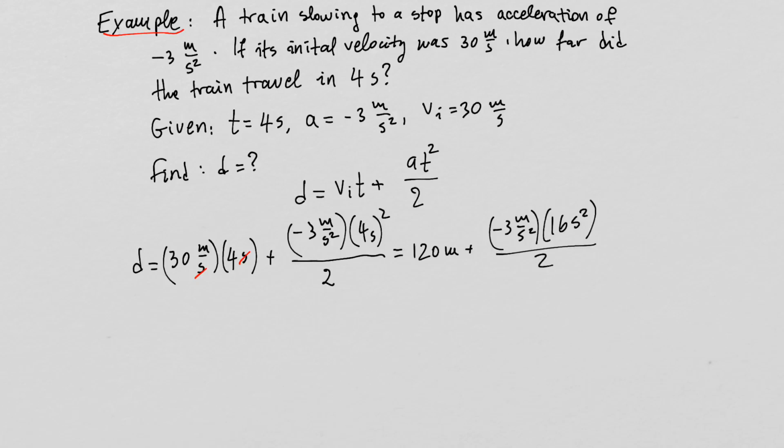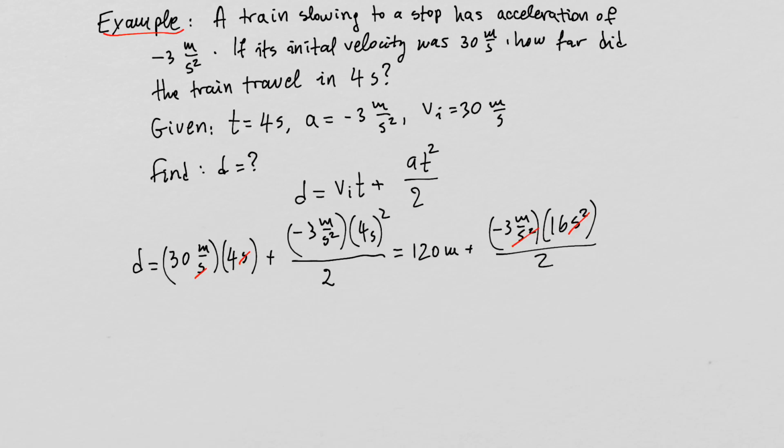So the first term right here is equal to 120 meters. And then in the second term, I have -3 meters per second squared times 16 seconds squared, since 4 seconds to the second power is 16 seconds squared. Now I have the units of seconds squared in the denominator in this unit here, and the numerator in this unit here, so they cancel out.